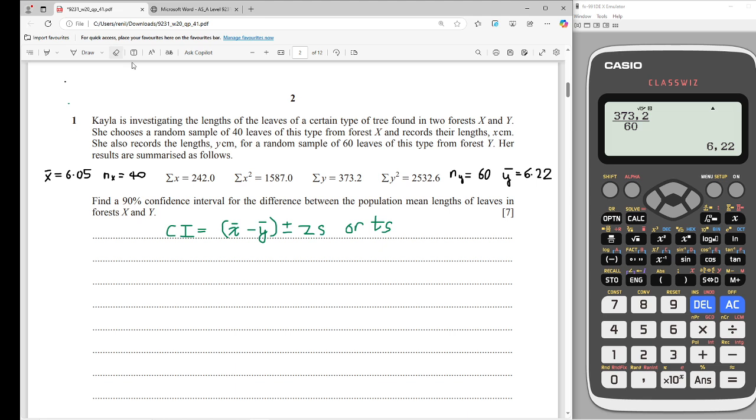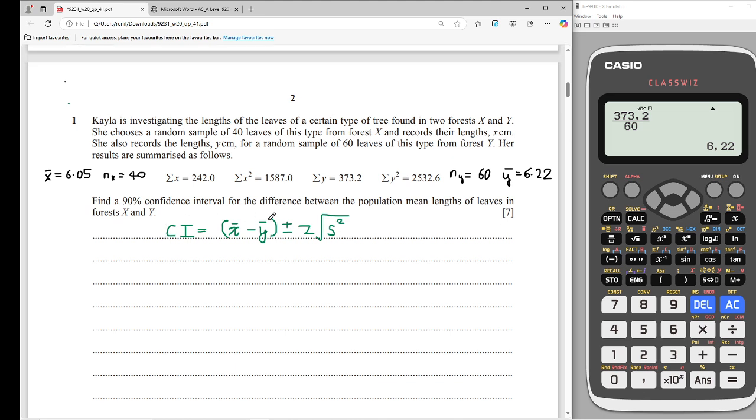That means we stick to z. Now that we have z, I want to directly plug in our values, so instead of writing z times s, I'm going to be writing the root of s squared. This will just make plugging in the values all the more easier.